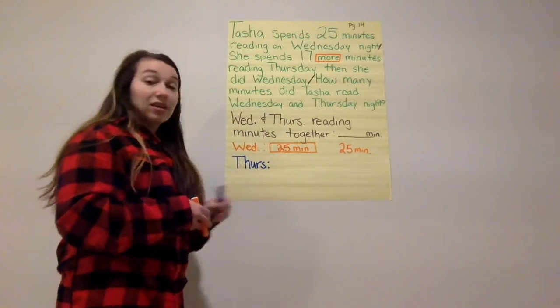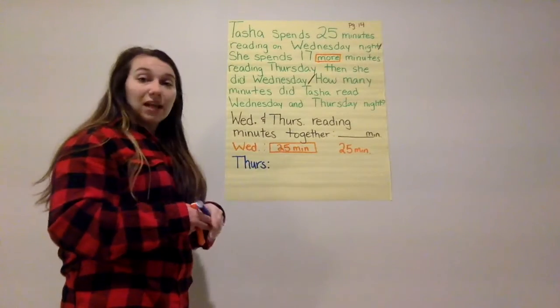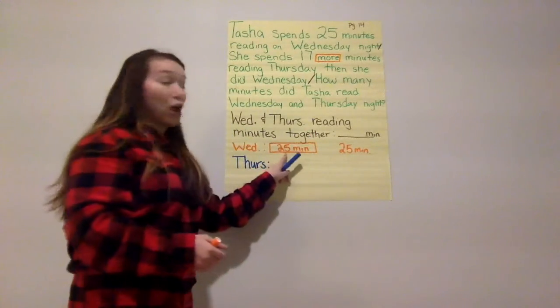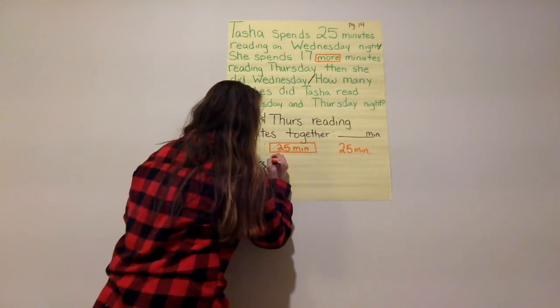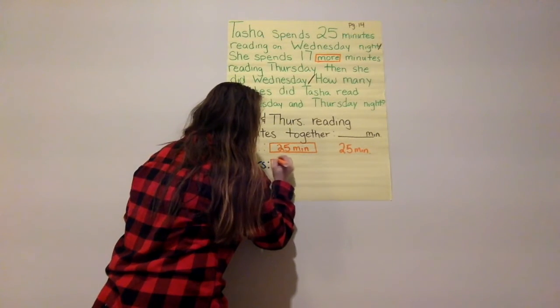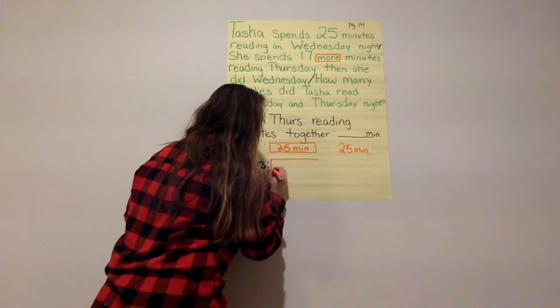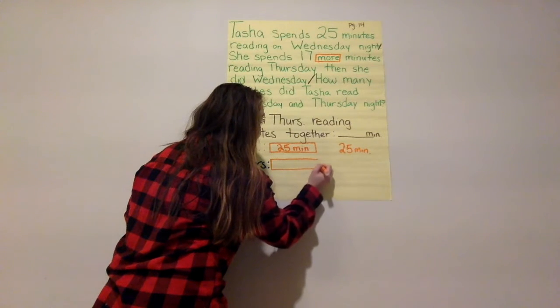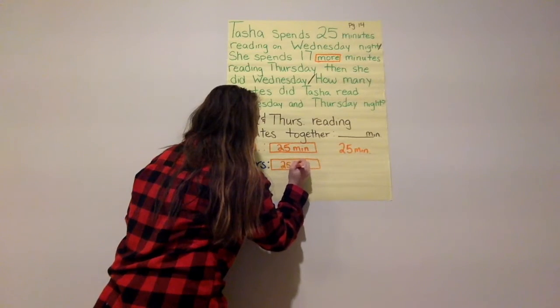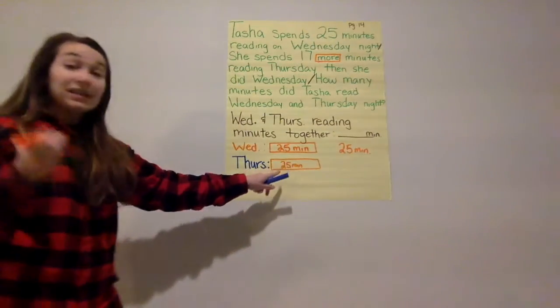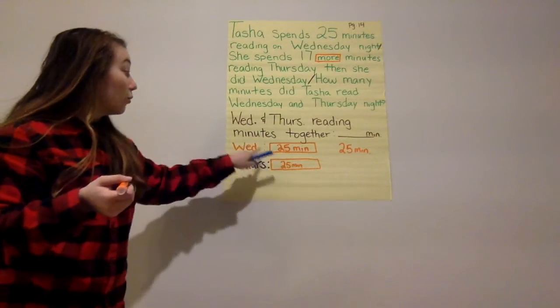So for my Thursday slot, the first thing I'm going to have to do is represent our what? 25 minutes. So I'm going to make sure I draw my bar model and that it's even with Wednesday's 25 minutes. Notice that I did it in the orange because that was her Wednesday time.